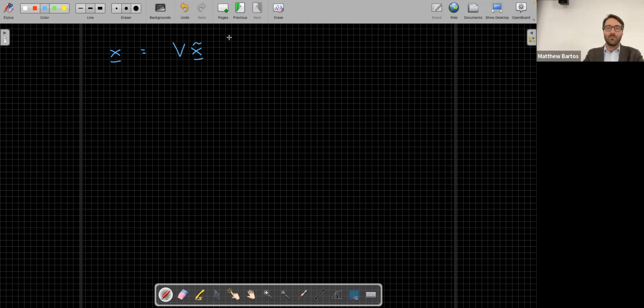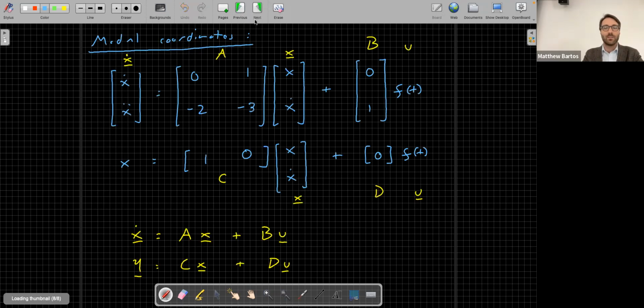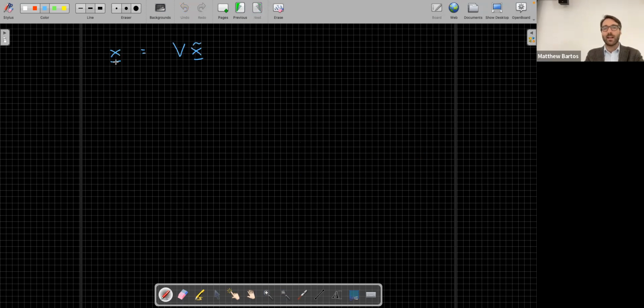So let's see what happens if we substitute this into our original state space equation. Let's take x and replace it with V x tilde. So we have V x tilde dot is equal to A V x tilde plus Bu. All I've done here is replace x, our original state vector, with V x tilde.